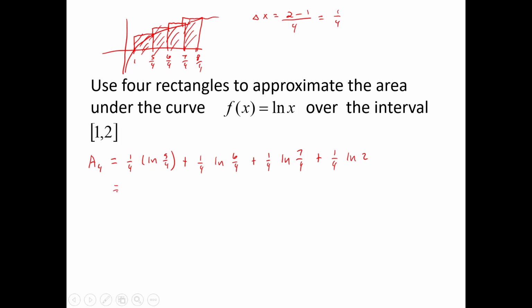Absolutely no need for summation notation. There's only 4 terms. So you can just punch them into the calculator. The natural log of 5 divided by 4 plus the natural log of 6 divided by 4 plus the natural log of 7 divided by 4 plus the natural log of 2.